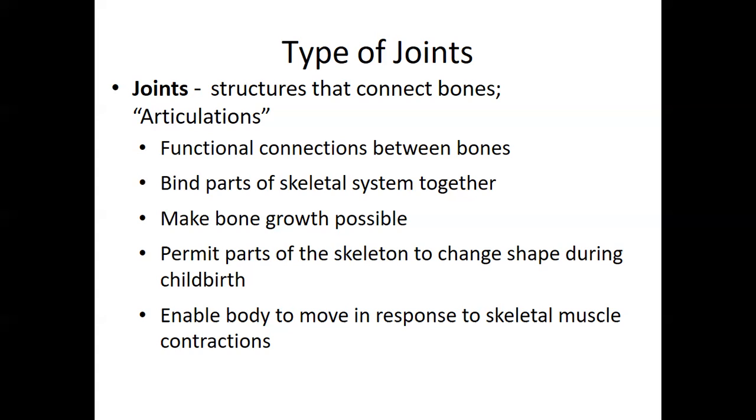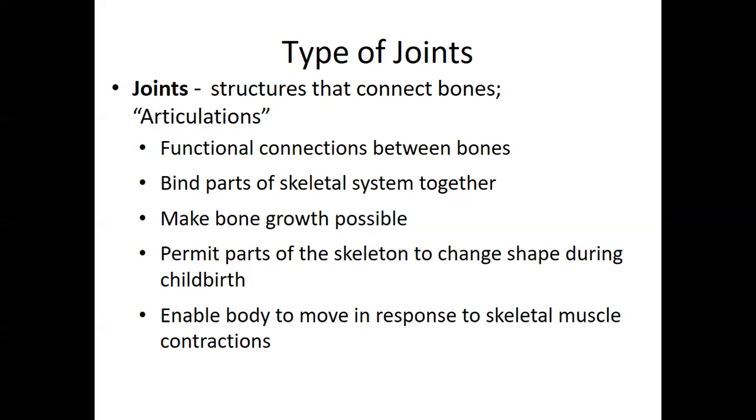Remember, when a child goes through the birth canal, the bones of the skull are not fused the way they are in adults. Instead of fusing with each other, they are connected by an interosseous membrane that keeps the bones together. Because there's a membrane serving as the joint between these bones, it allows the skull to change shape when the child goes through the birth canal.